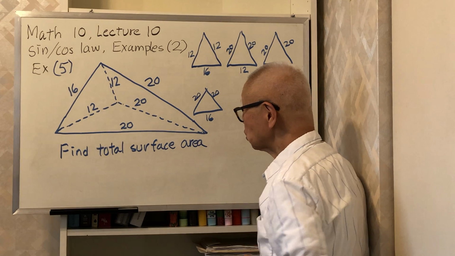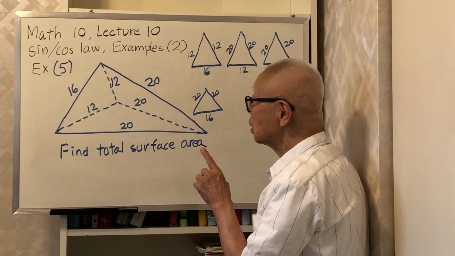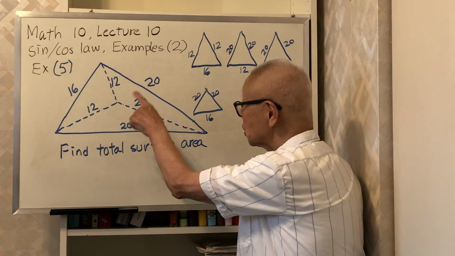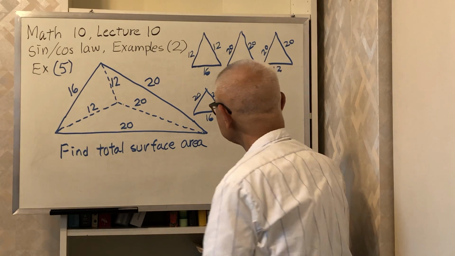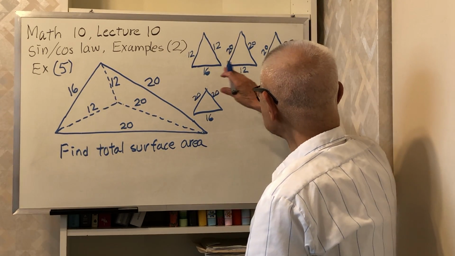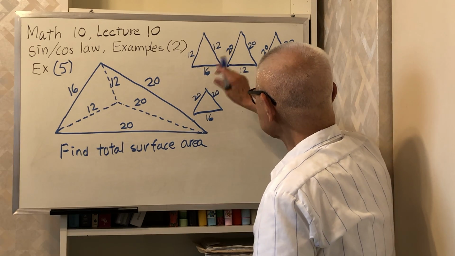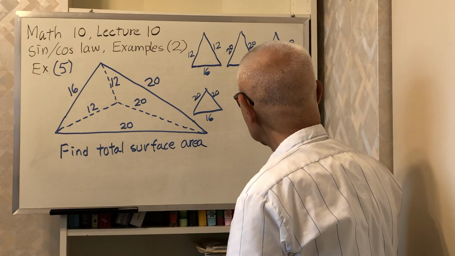What is the total surface area? You add the areas of the 4 triangles and you add them up, and that's what you want. Now these 4 triangles are quite special because they are isosceles. How do you find the isosceles triangle area?